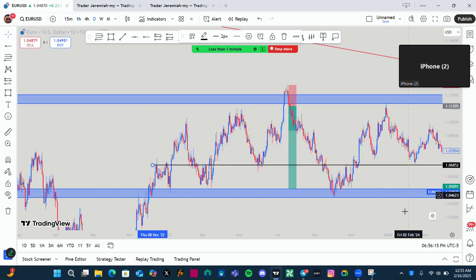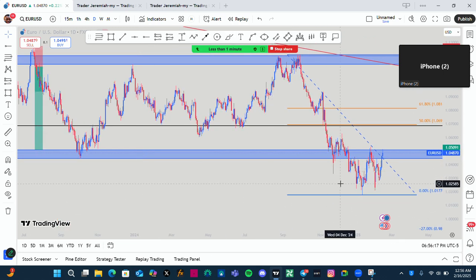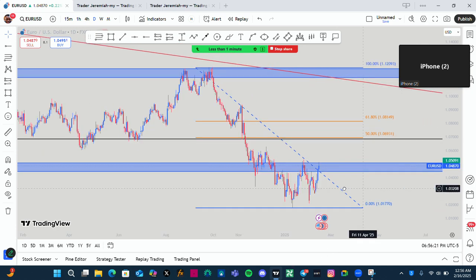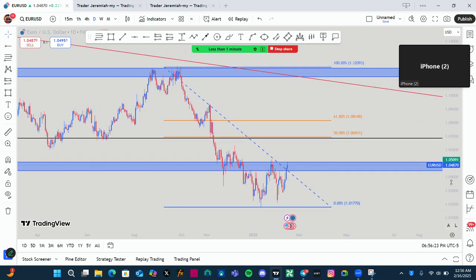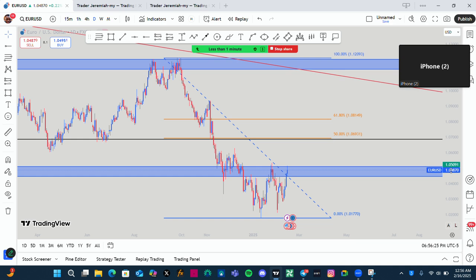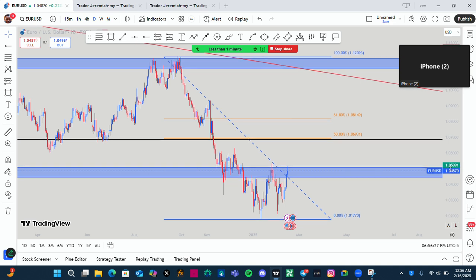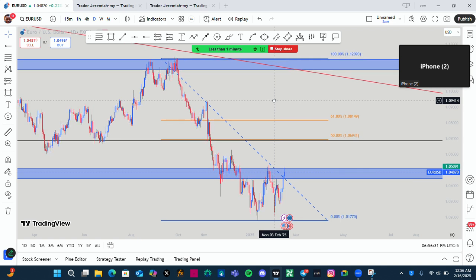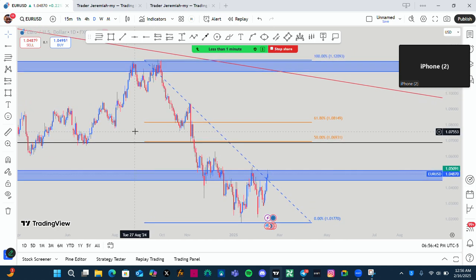So that's basically how to use the Fibonacci. And I will just watch back the video when you send it to me. Okay, good. So that's it on how to use Fibonacci to draw key levels, how to use Fibonacci to identify key levels, and also how to use it for a trade entry.